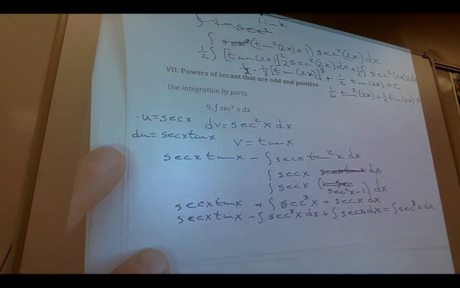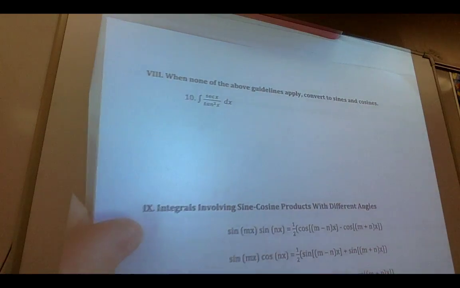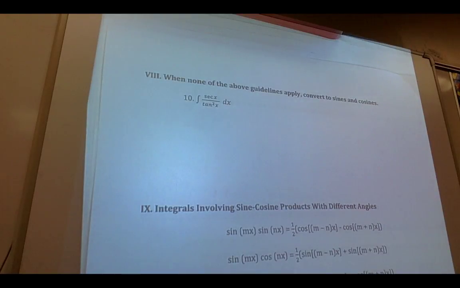I think this is something we're going to come back to. Okay. All right? Let's look at 10 and let's look at 11, because I want to give you some time to work on it. And then I'll come back and I'll talk about that one.